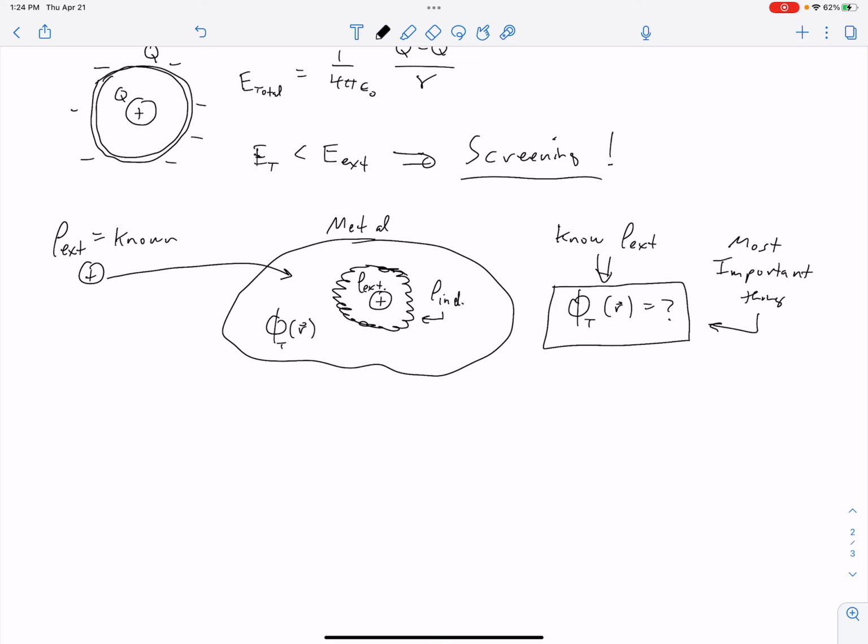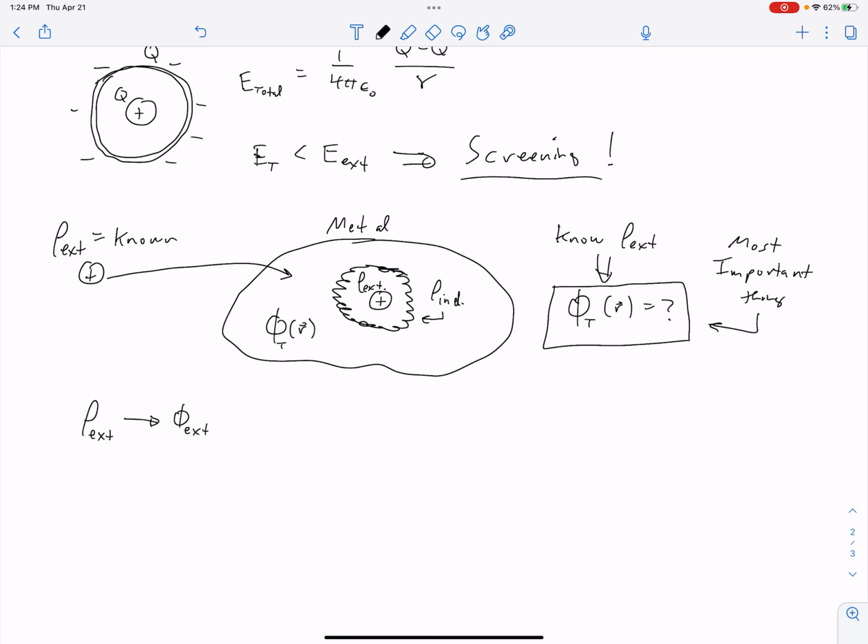But it's complicated because we know that the rho external is going to lead to a phi external, which is easy.